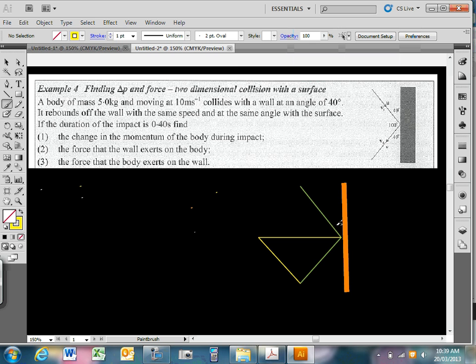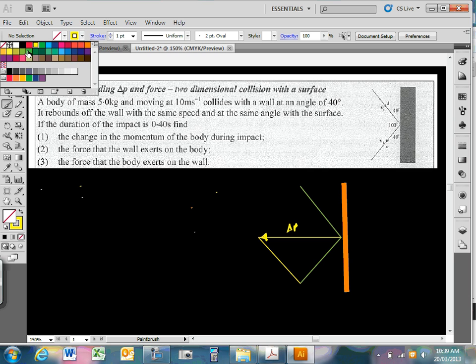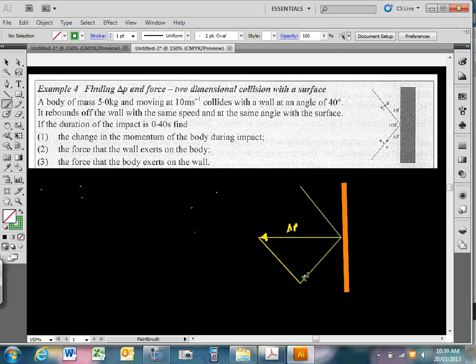Okay, so I'll draw our vector arrows, and these were green, weren't they? Well, I'll draw my change in momentum, delta P. You need arrows for them to be vectors. What's this one called?